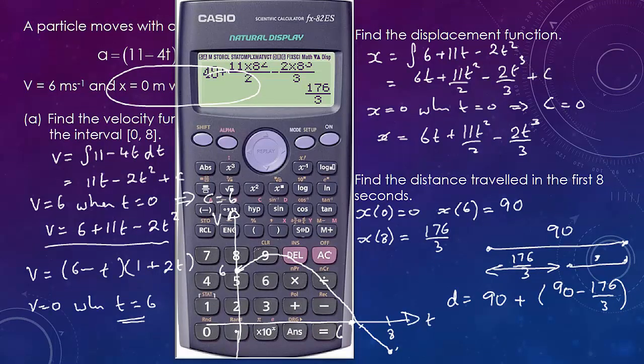So that's going to be 180 take away the last answer, gives me 364 over 3 meters.